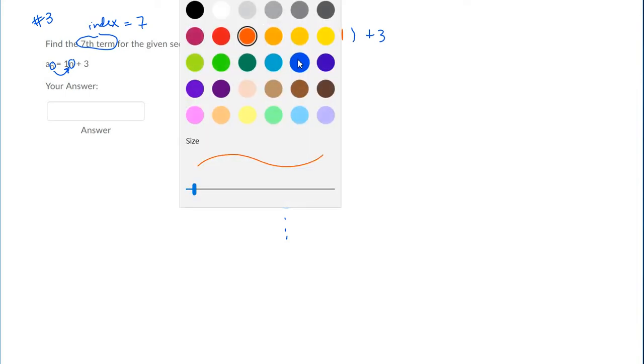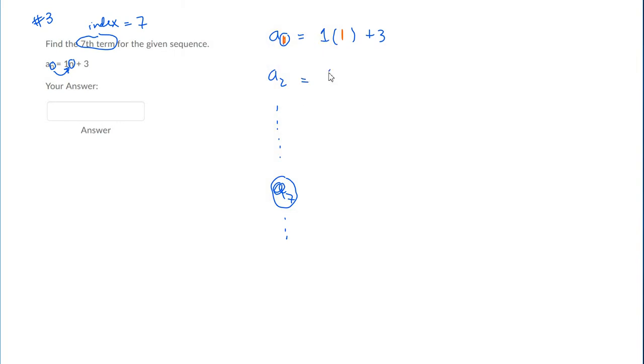For my second term, the formula is 1 times n plus 3, and in this case my n is 2. In other words, the index of the term becomes your input, and we can just continue that pattern.